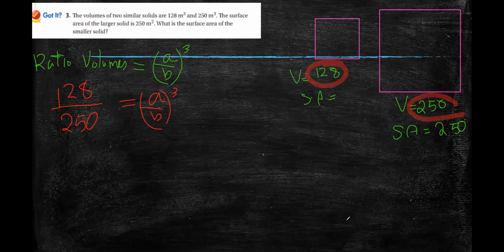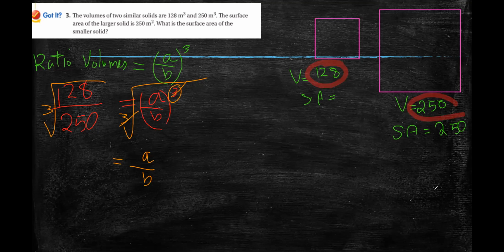What do I have to do? Take the cube root, under the cube root, to cancel the cube. They cancel each other now. So A over B will be, if you simplify it without a calculator, 64 over 125.